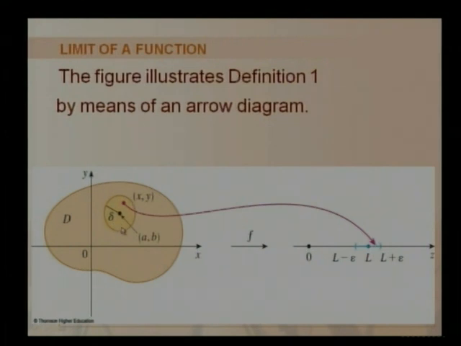And whenever we keep point (x,y) closer to (a,b), we will get the value of function f just near L, that is between L minus epsilon and L plus epsilon. So to take the value as close to L, we have to find this delta in such a way that (x,y) approaches (a,b). This will give us the value of f very close to L, and this L will give us the limit of the function f(x,y).